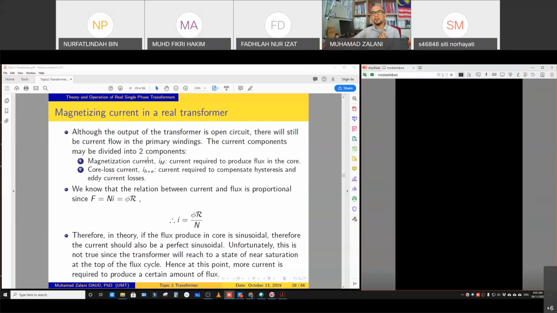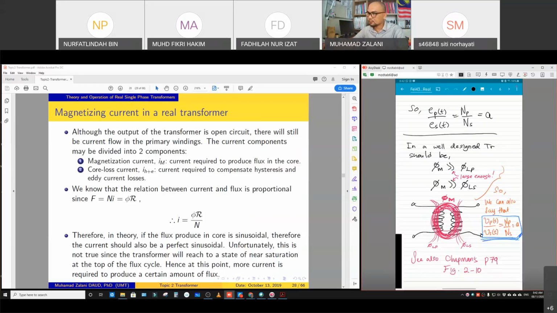In this section, we'll be discussing further the current inside the transformer, where losses also occur in terms of hysteresis loss and eddy current loss. So in this section, we will continue to discuss the current that is flowing inside the turns of the transformer.